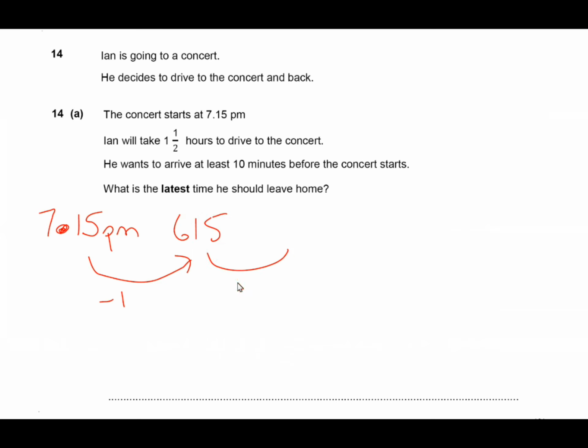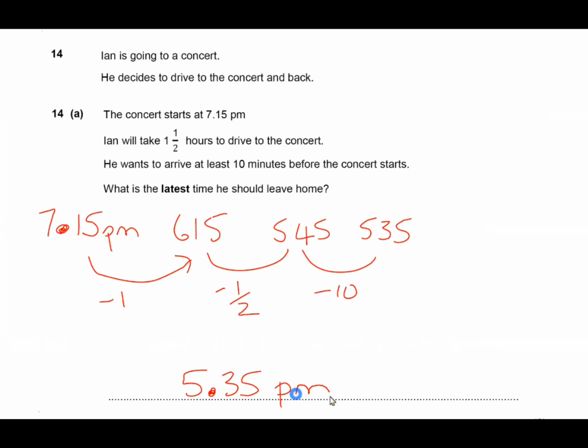And then let's take off the half an hour. Okay, so that's an hour and a half before, and then we have to take off an extra 10 minutes because he wants to get there 10 minutes before the start. So our answer would be 5:35 p.m.